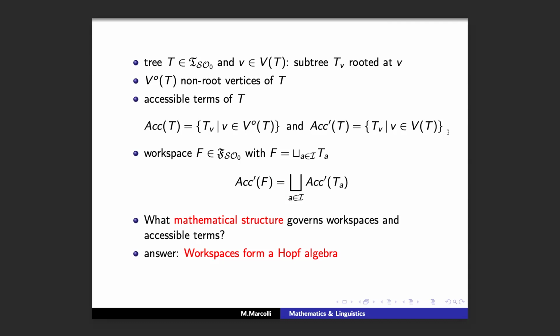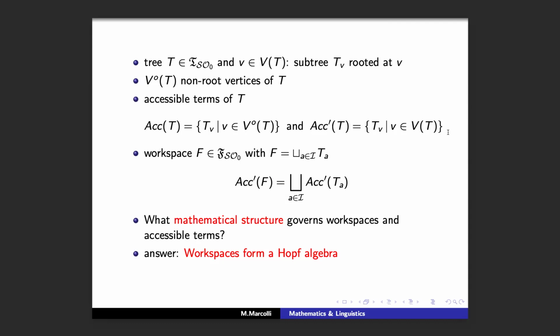And so the formation of the individual syntactic objects is well described by this magma that I mentioned before. So what is the algebraic structure that's naturally underlying workspaces, given what I want to do with them?